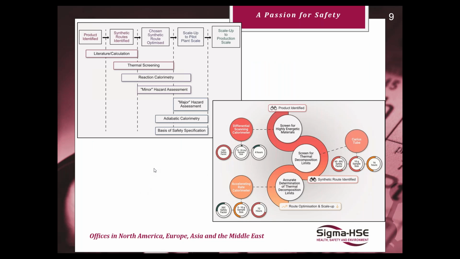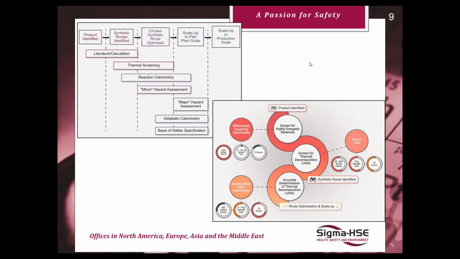So we've got two basic flow charts here to visualize where our chemical reaction hazard testing may fit into a chemical process evaluation journey or R&D scale-up journey. The top left is very much from the focus of our clients, and I presume most of the people online today. Going from left to right, these are the key milestones in a new process project development timeline.